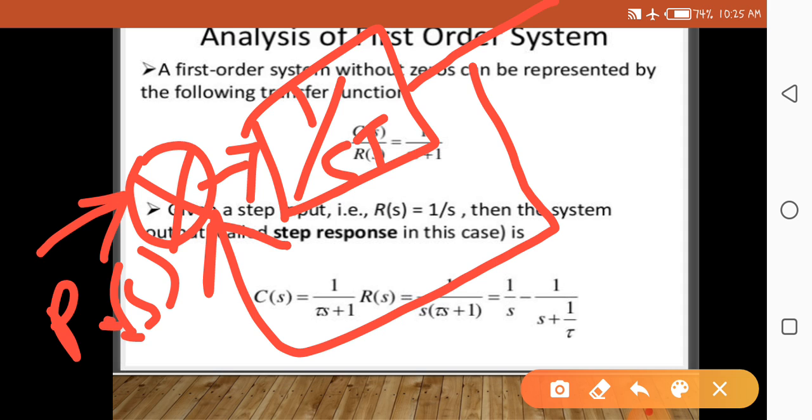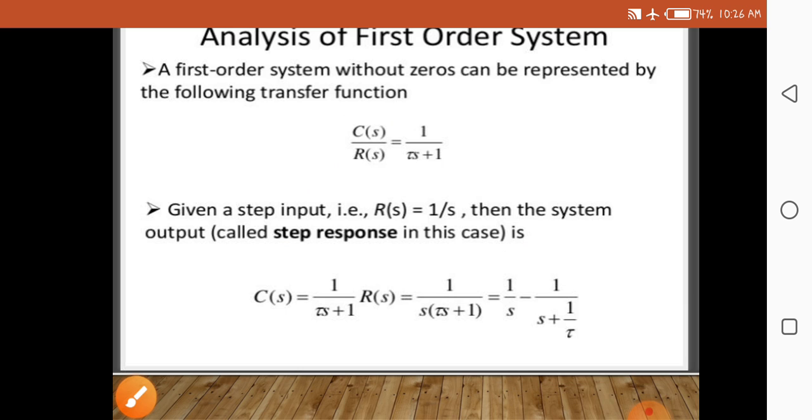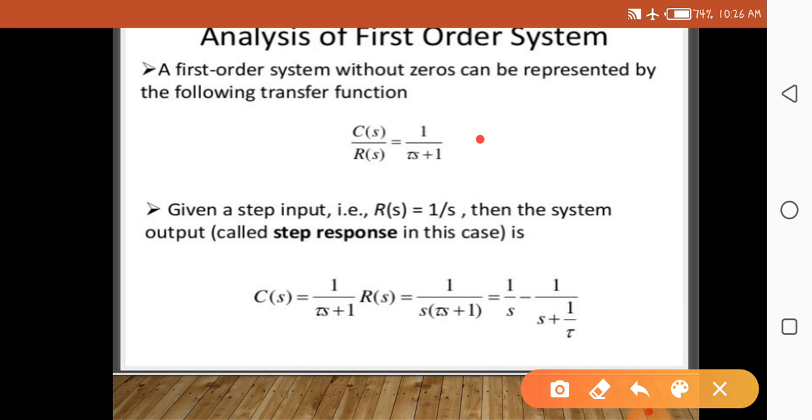Here 1 upon ST is represented as the system, R(S) is represented as the input, and C(S) is represented as the output. In the feedback system, we represent it as C(S) upon R(S) equals 1 upon (TS plus 1).